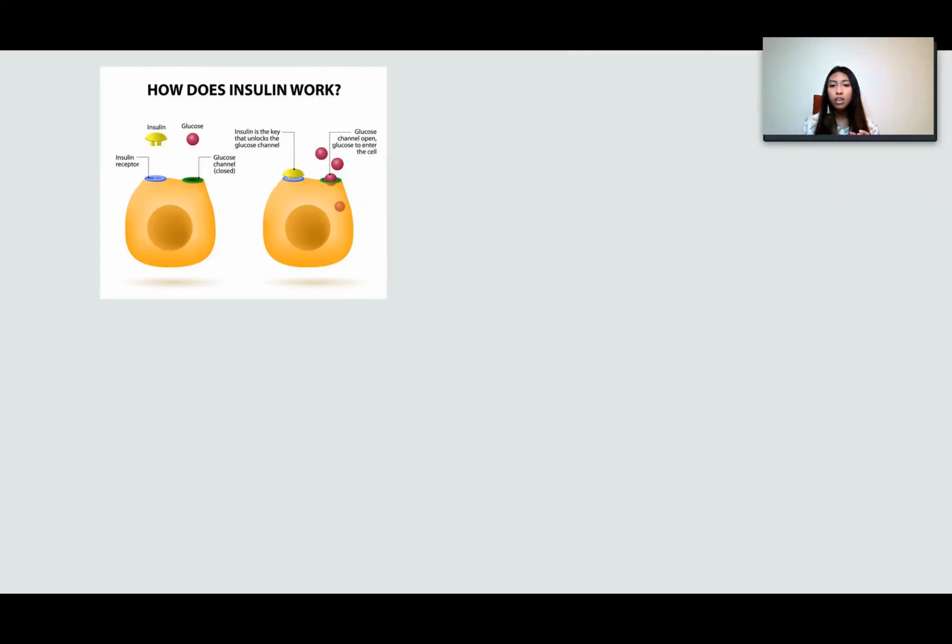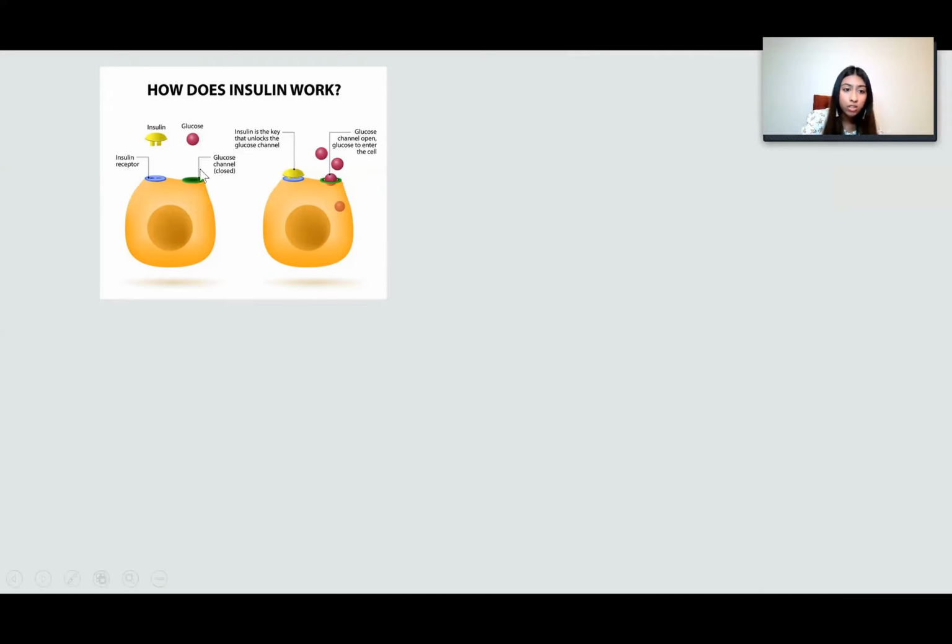It's kind of a lock and key fit. If you think about it, a key goes into a specific lock and it's only that one key. Like that, only a specific group of molecules or hormones can go on specific receptors because they have those specific shapes. So for insulin, there's a specific insulin receptor. And once these signaling molecules go onto the specific receptor, a specific signal is sent for a specific job.